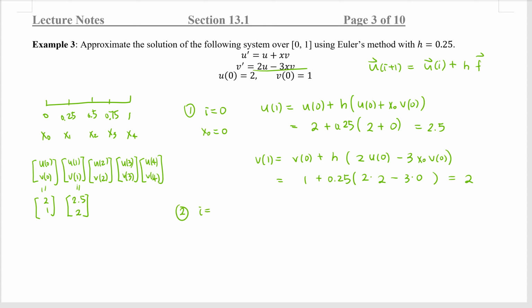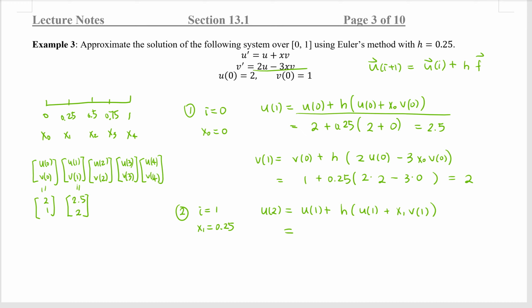Second step, when i equals 1, x1 equals 0.25. And then u2, what is u2? We're going to have almost the same formula, but increase the index of the iterations. We copy this down, but just replace 0 by 1.